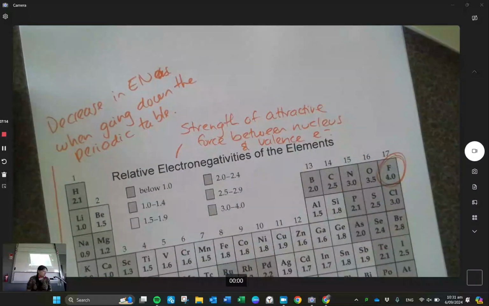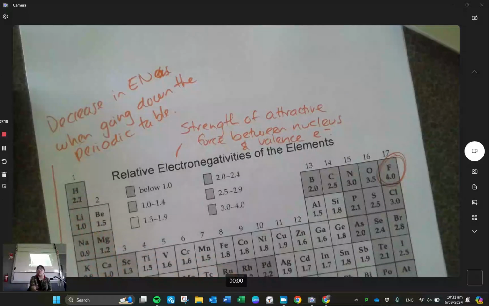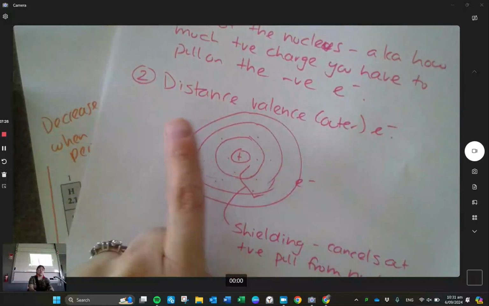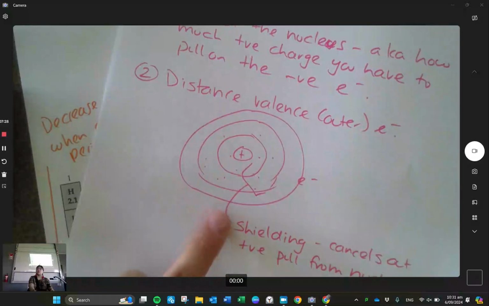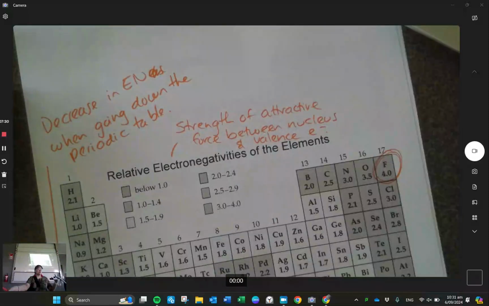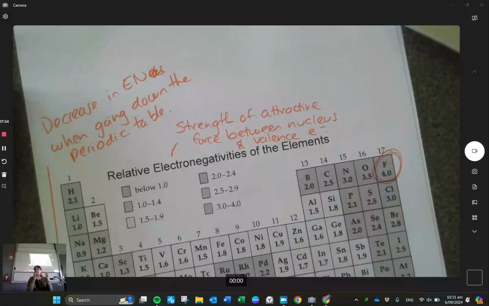The thing you have to keep in mind is that as we are going down, we are actually adding more shells. So the atoms are getting bigger. Since we're adding more shells, we're going to have more distance from the valence electron to the nucleus and more shielding effect. Since those two factors come together, the electronegativity is going to go down.